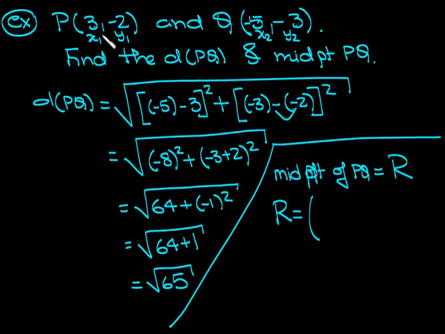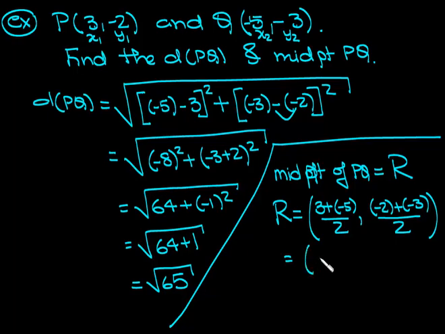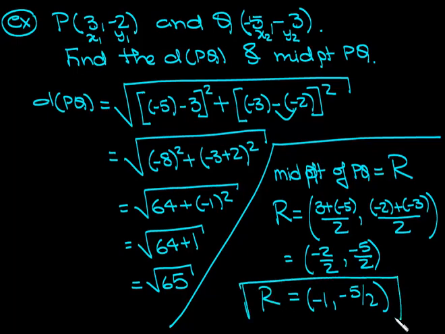So the average of the x values is 3 plus negative 5, divided by 2, and the y values are negative 2 plus negative 3, divided by 2. So we get negative 2 divided by 2, and negative 5 divided by 2. And over here, negative 2 divided by 2 is minus 1. Always clean up your answers if you can, reduce them. So here's my midpoint, and here's my distance.